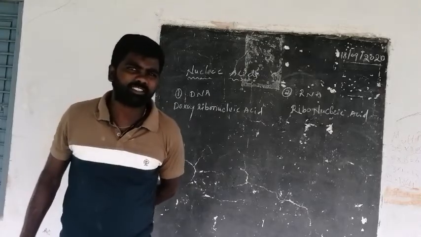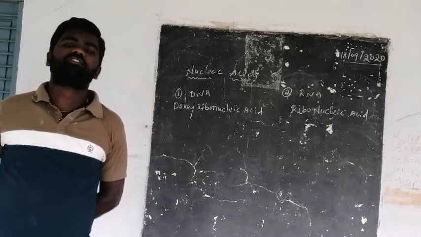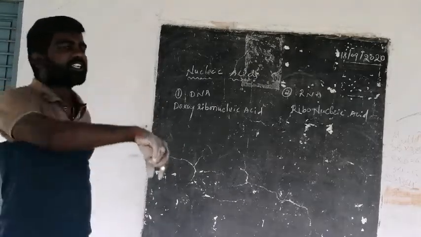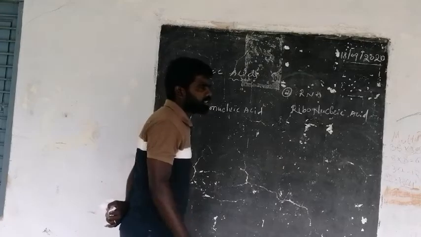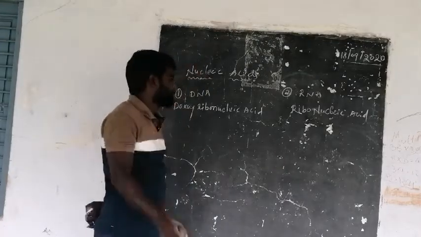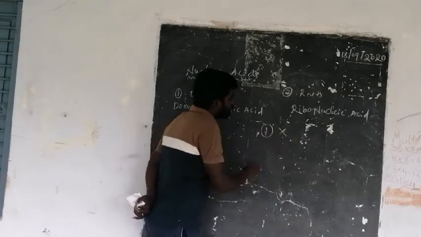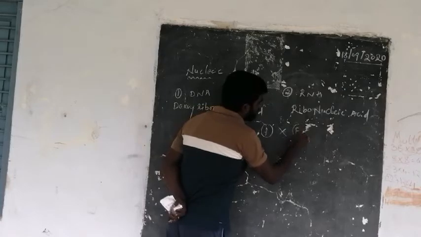Why are these nucleic acids called genetic material? Because they contain genetic information. What is genetic information? The information which is transported from parents to the next generation. Here is the parental generation, this is the male parent, and this is the female parent.